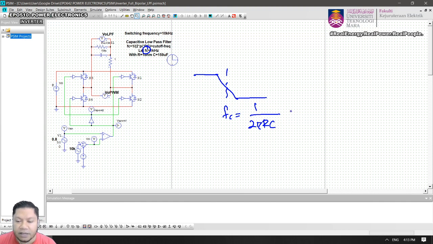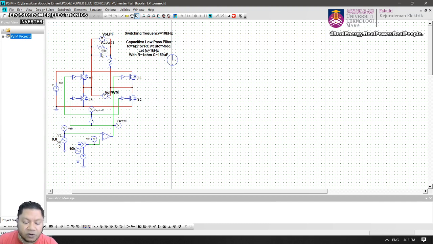So if I set this frequency equal to 1 kilohertz, because remember now it's 10 kilohertz, the switching frequency is 10 kilohertz, so I'm going to let the corner frequency be at 1 kilohertz, and then I can design this, and therefore that will be 159 micro. Okay, and I have to make sure that the resistor is very small, so that there is a low voltage drop there.